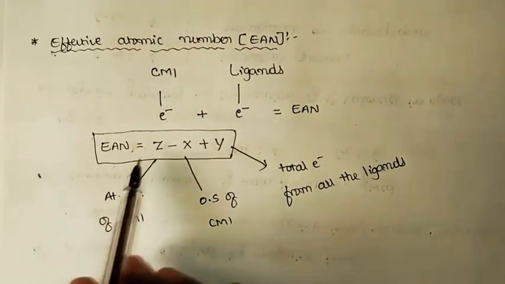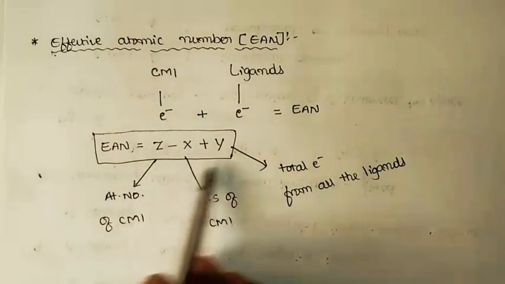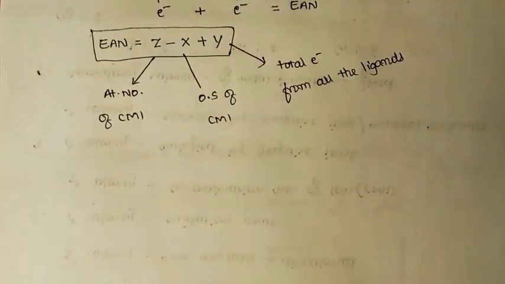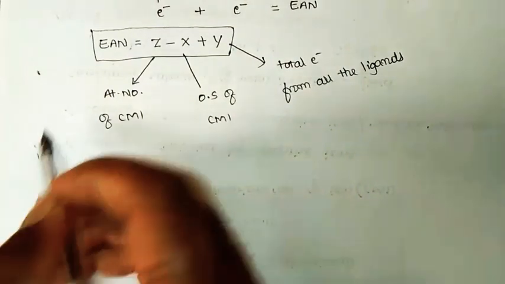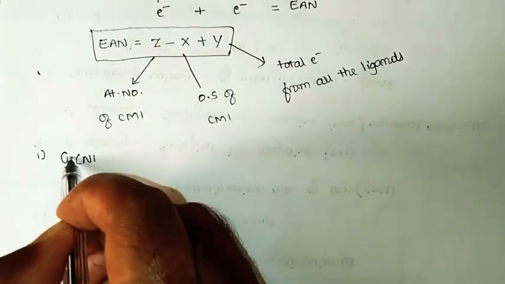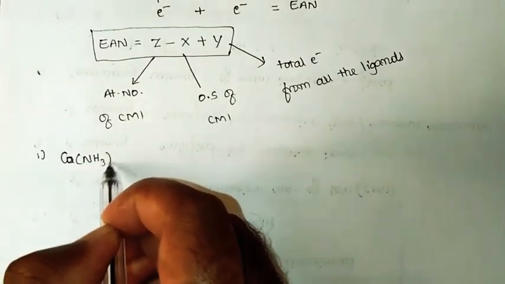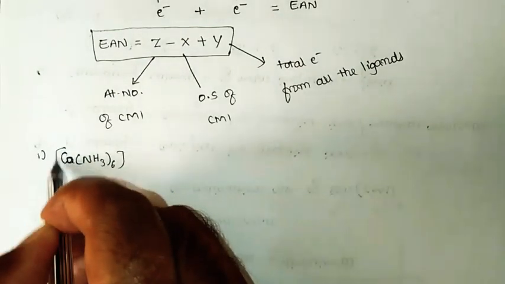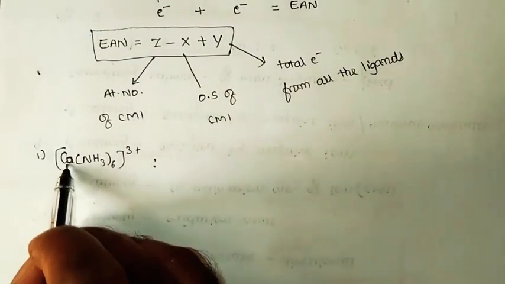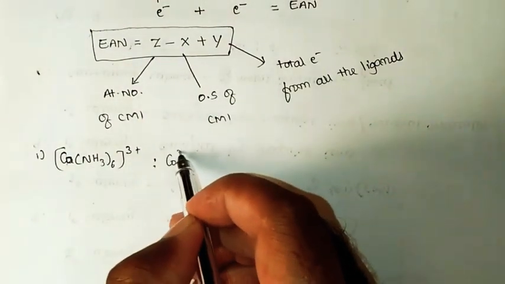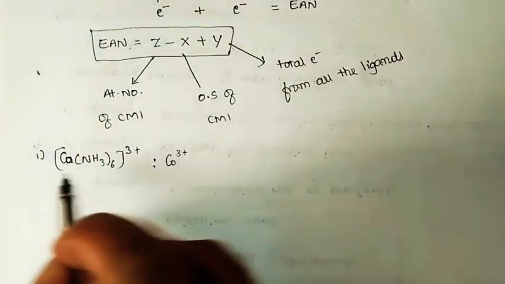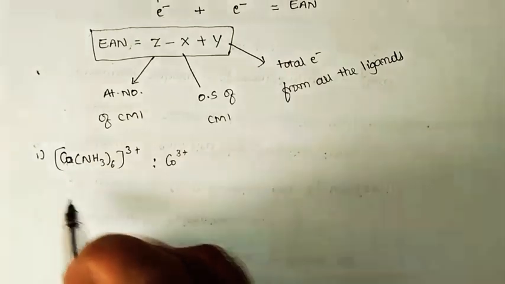And now we shall consider some examples in order to calculate the effective atomic number. So first let me consider one simple example, [Co(NH3)6]3+, and here cobalt is the central metal ion which is existing in 3+ oxidation state, and we know that the atomic number of cobalt is 27.